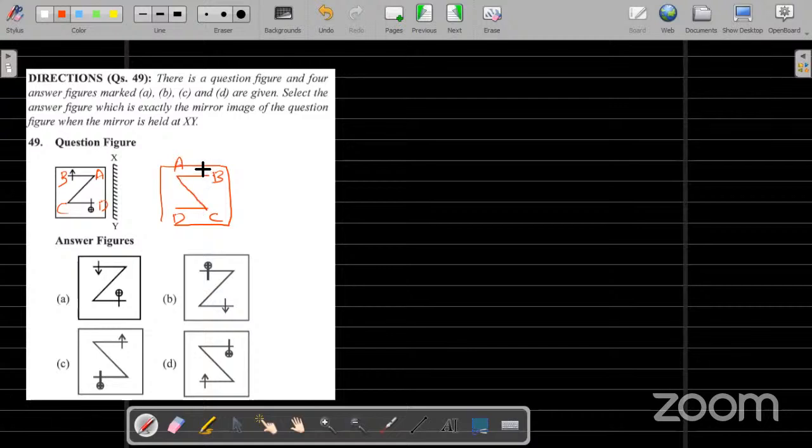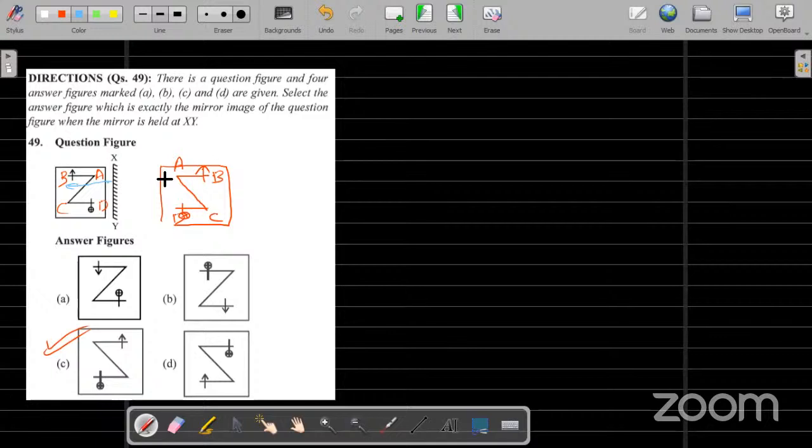Now at B there is an upward arrow. At D there is something like this. So which is the one that confirms this? Option C, right? Point B is moving away from the mirror and A is closer to the mirror.